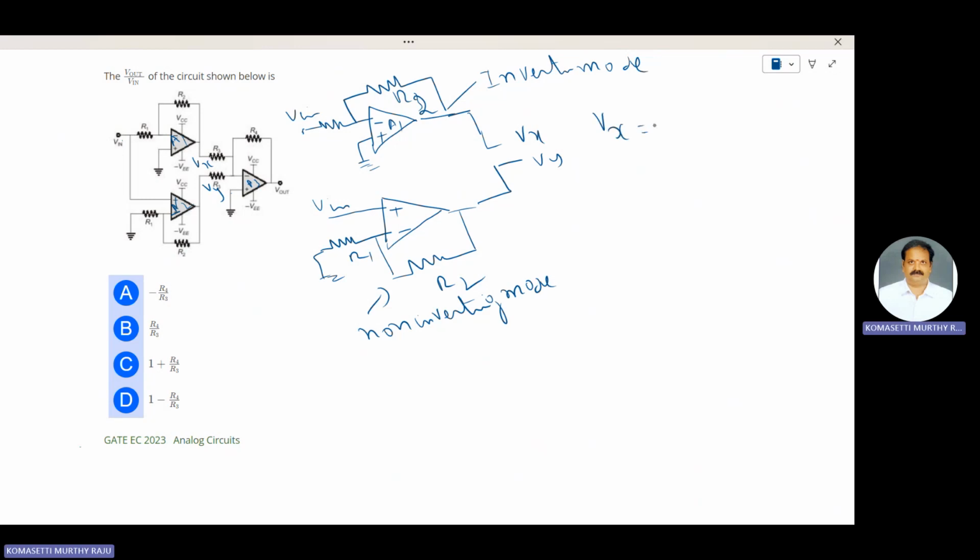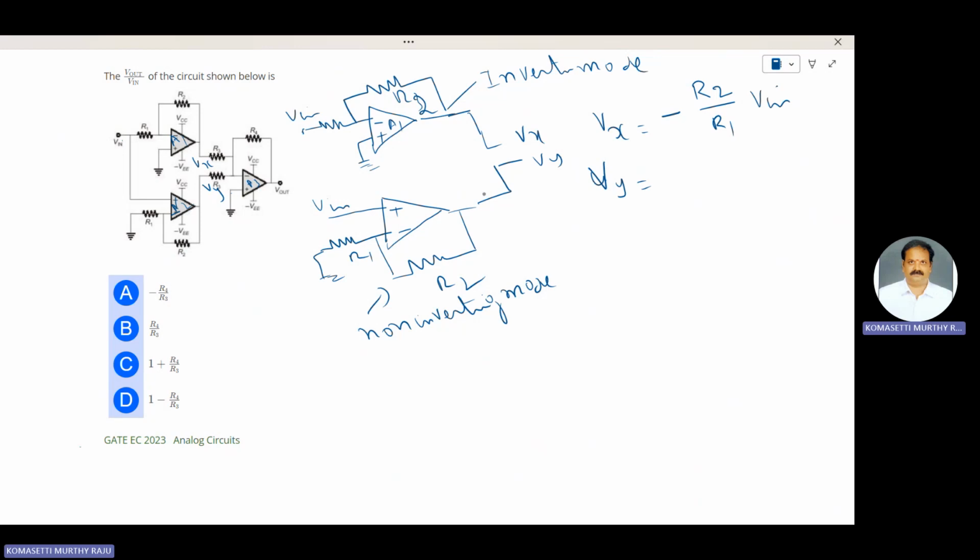Vx is the inverting mode op-amp gain. The closed loop gain is Vx by Vin. Therefore, Vx is equal to minus R2 by R1 Vin.